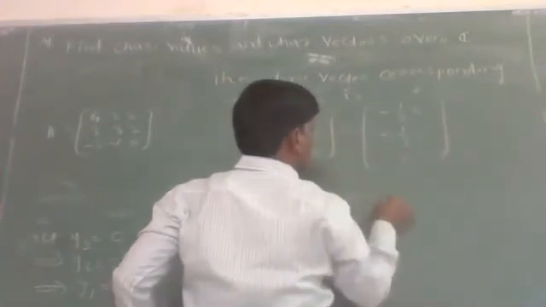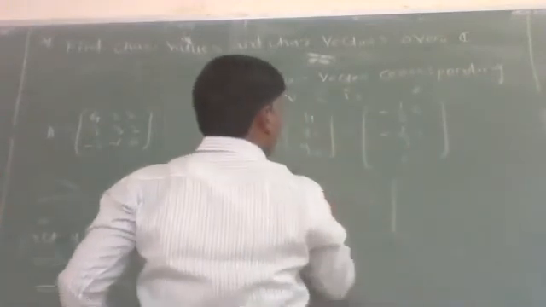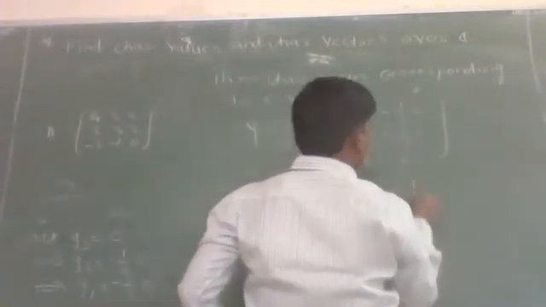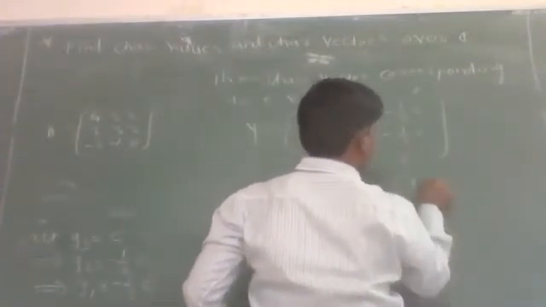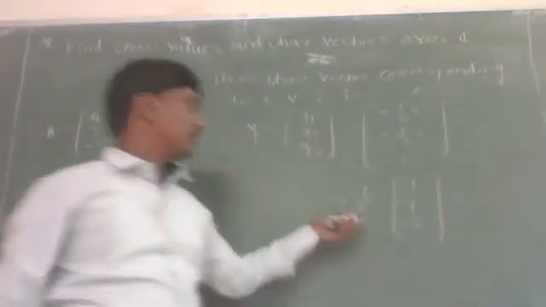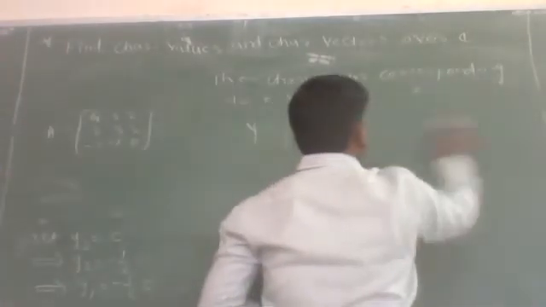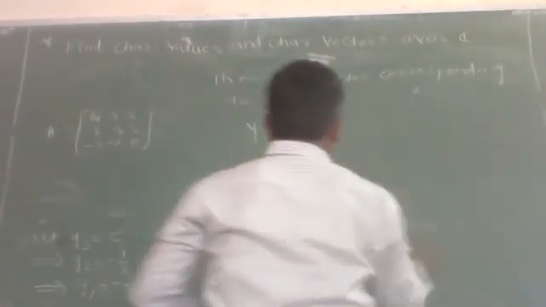So we can write this as c into minus of 1 by 2, which is nothing but 1, 1, minus 2. So this one is the characteristic vector corresponding to eigenvalue 2. Now it remains to find out the characteristic vector corresponding to eigenvalue 4.